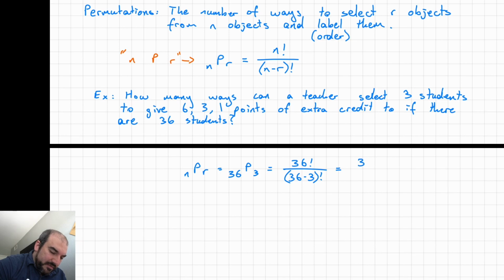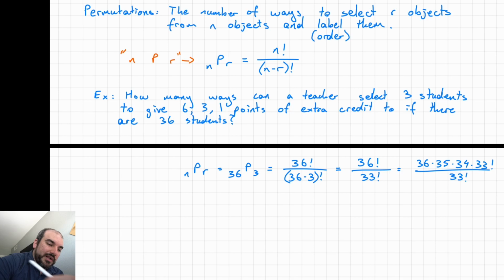We simplify the parentheses: 36 factorial over 33 factorial, and then we can do the following product: 36 times 35 times 34 times 33, and we'll stop there because I know there's a 33 factorial on the bottom that we can cancel with this. So our answer is going to be 36 times 35 times 34. You can plug that into a calculator and then put in the chat what you get for that.